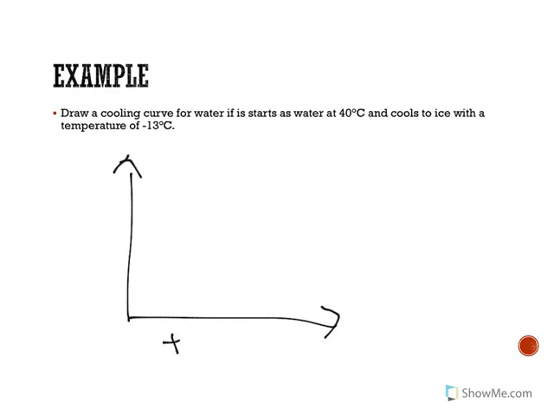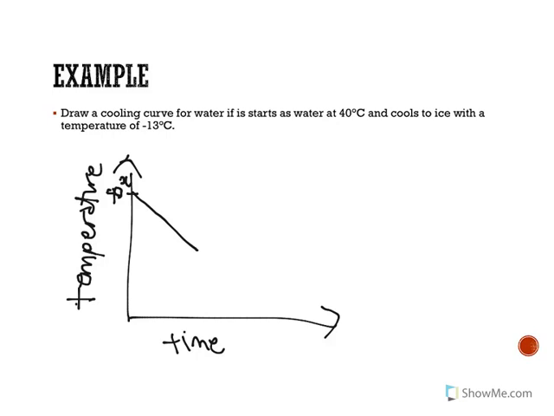We have time and temperature. And it starts at 40 degrees Celsius and it cools. So now we're going to have to start relatively high at 40 degrees Celsius. And it's going to start cooling down.